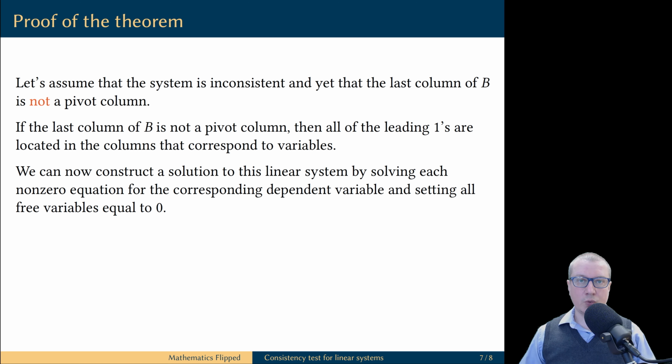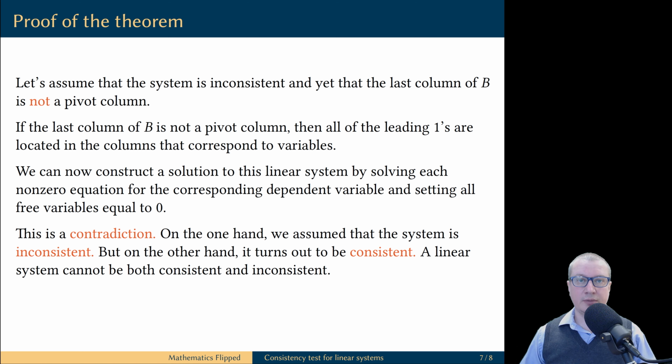We solve each equation for the variable that corresponds to the leading one in that equation and set all free variables to, let's say, 0. This produces one solution to our system of linear equations. Therefore, this system must be consistent.